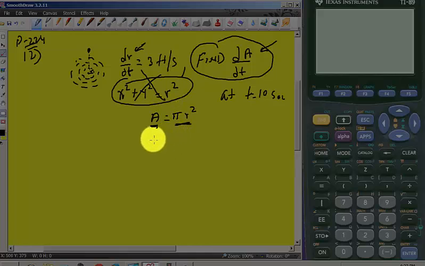Okay, let's take the derivative of this. So this is dA/dt. When I take the derivative, this pi is just a constant. Don't use the product rule. It's just a coefficient, like a number, 3, 4, 5, or 3.4.